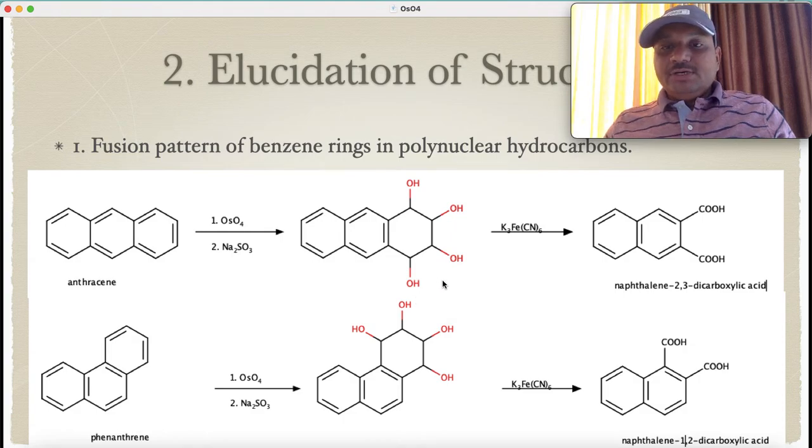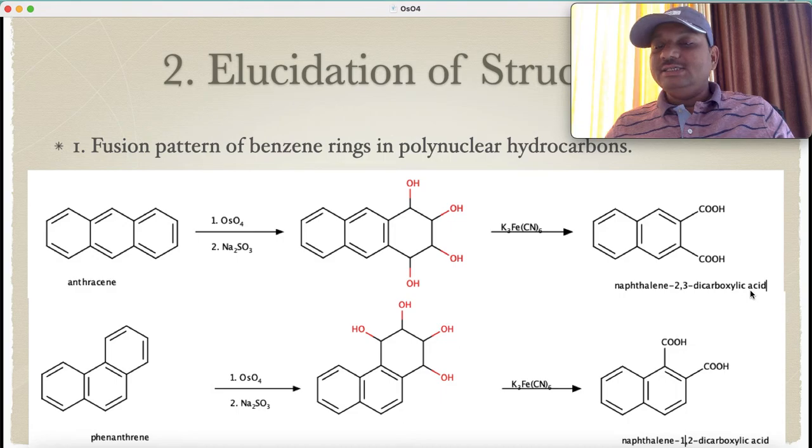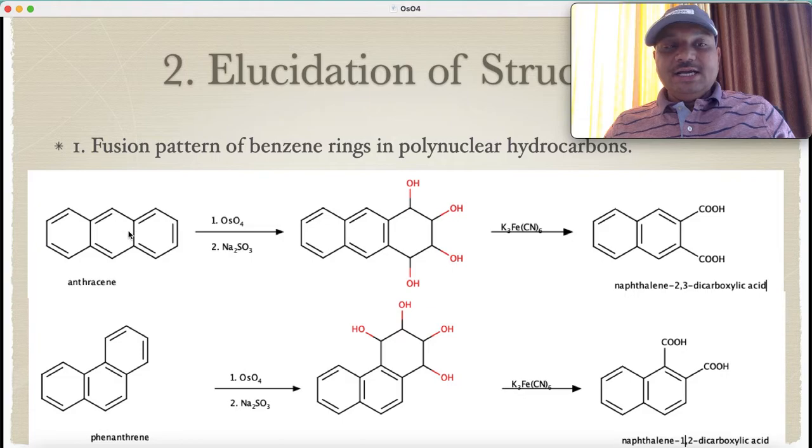On further treatment with potassium ferrocyanide, we get naphthalene-2,3-dicarboxylic acid. Positions 2 and 3 have the carboxylic groups, which means the benzene rings are attached to the naphthalene at positions 2 and 3. That's why in anthracene, the benzene ring is attached to the naphthalene in a linear manner.